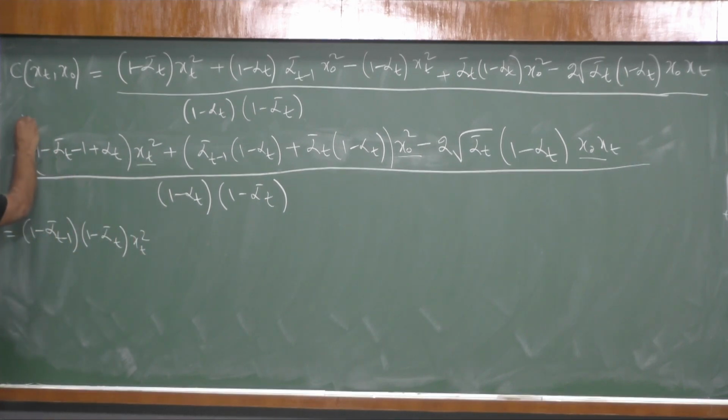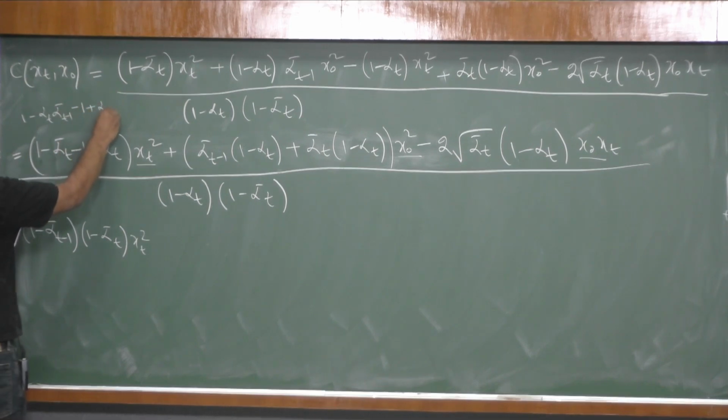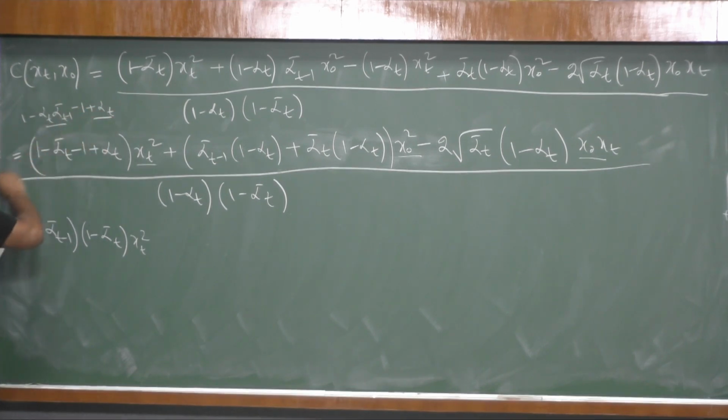So you see this can be written as 1 minus alpha t, minus 1 plus alpha t. Now you take alpha t common, so xt square we took common, then 1 minus alpha. So I have written this in factor form, so is this correct or not, right? So this is 1 minus alpha bar t, that's right, and minus alpha bar t minus 1.